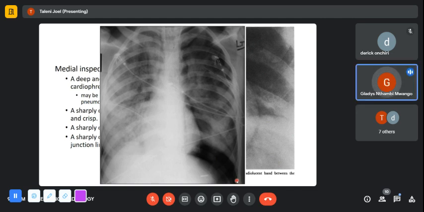What you can see is where the left costophrenic angle ends, because it's really deep, even more than on the right side. I think that is one of the main signs when you want to talk about supine pneumothorax. That's what you really look for, a deep sulcus sign. The others are additional.